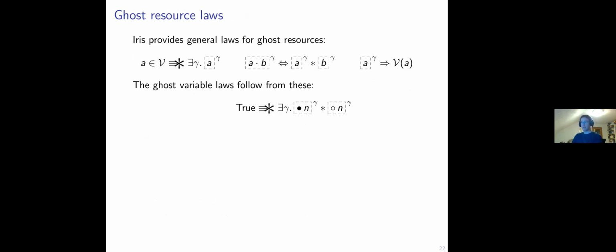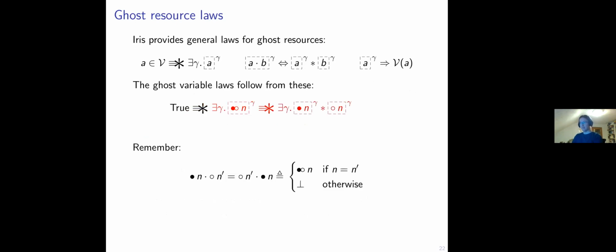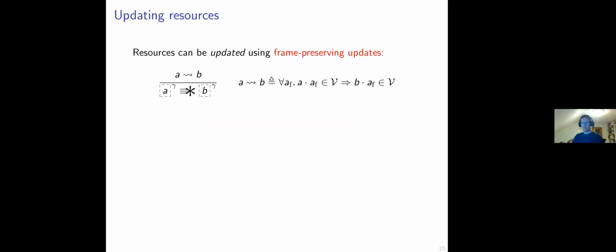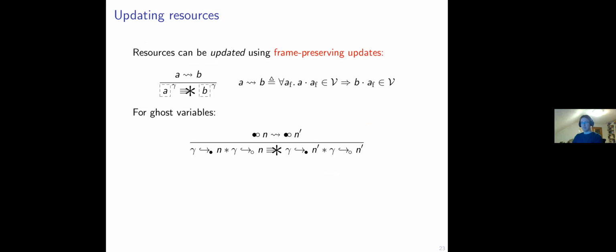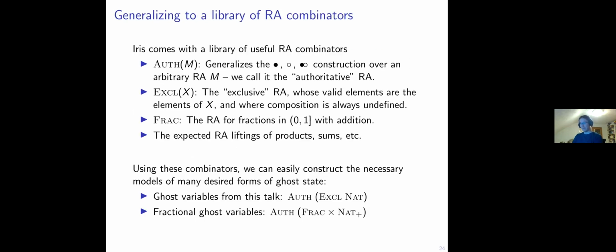Which means every frame-preserving update is valid because there's no possible frame. And this sounds degenerate, and it is, but it's still useful when you compose it with other resource algebra combinators. So for example, you can consider finite partial functions, where composing two finite partial functions is just composing pointwise.